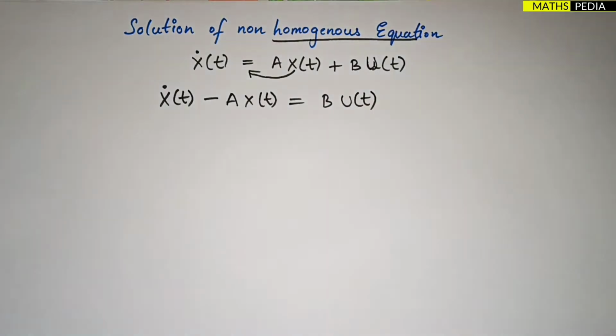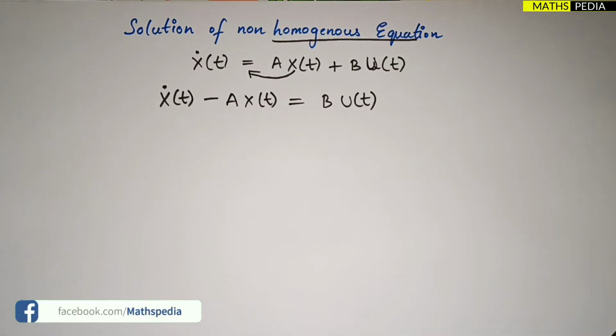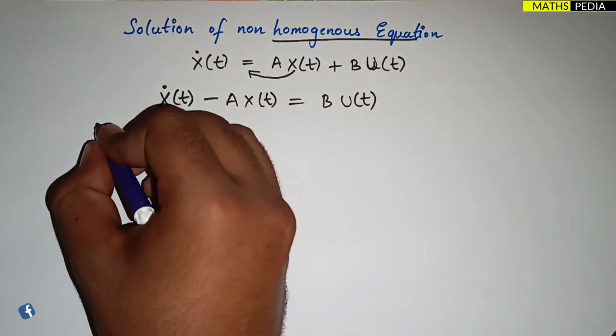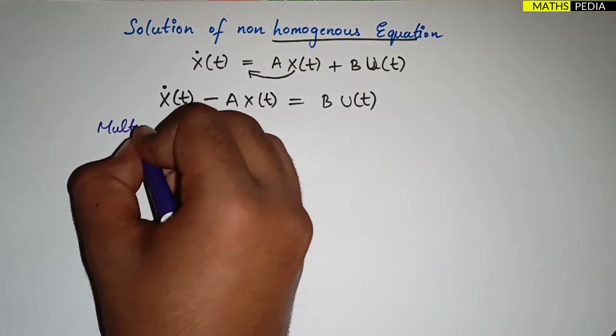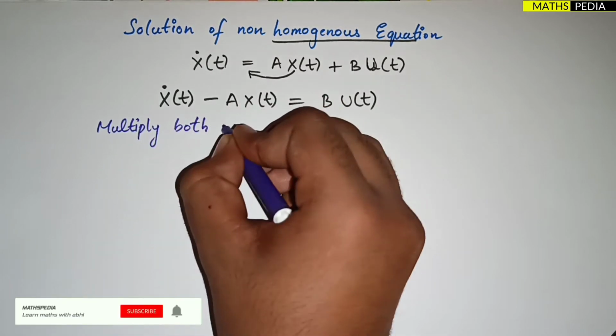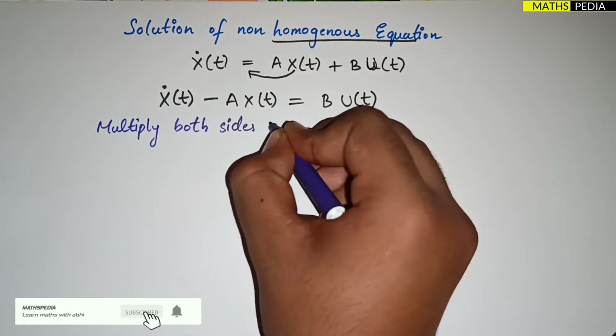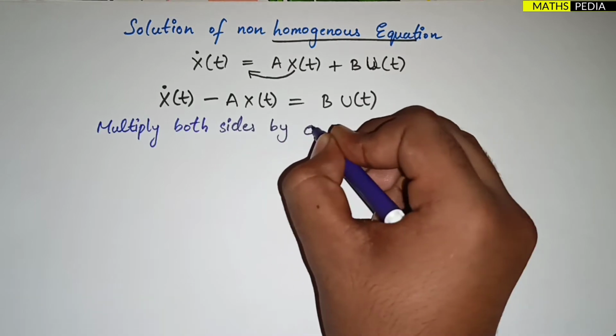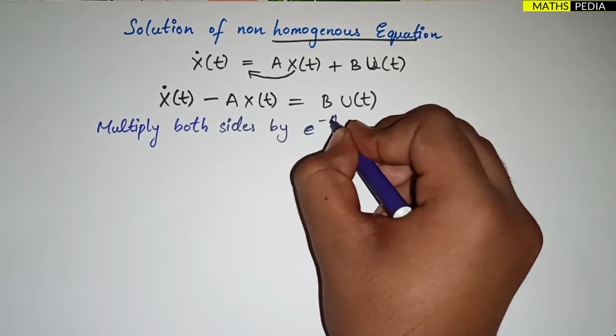Okay, now the next step is that we need to multiply, pre-multiplying both sides by e power minus At.